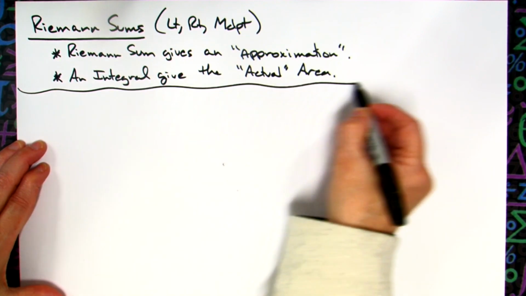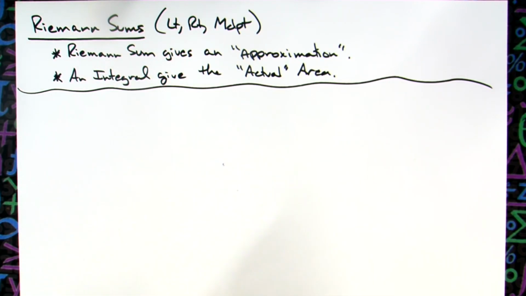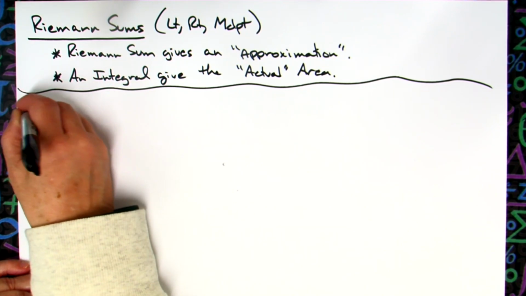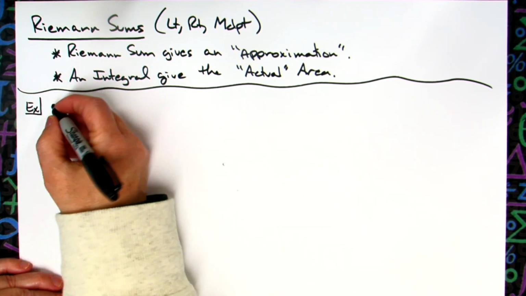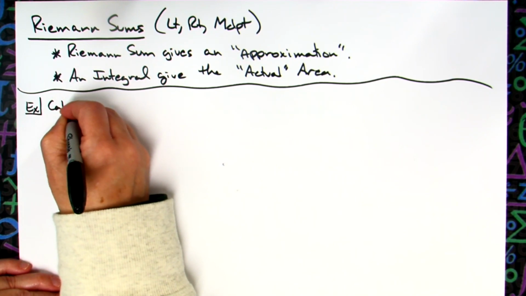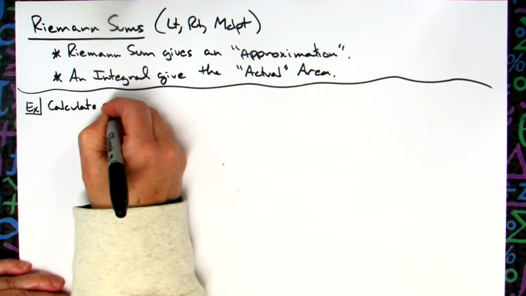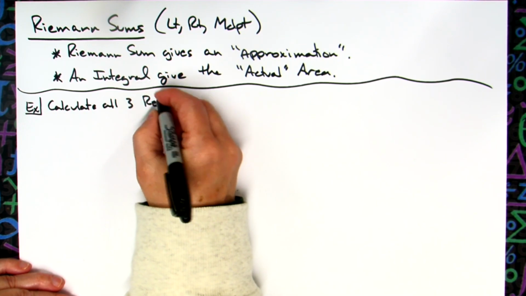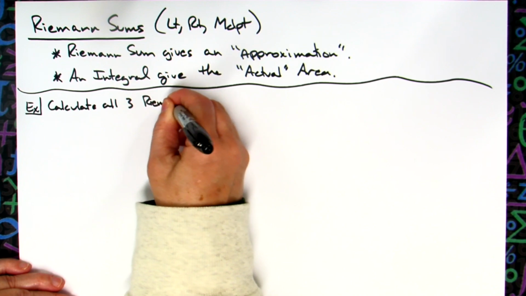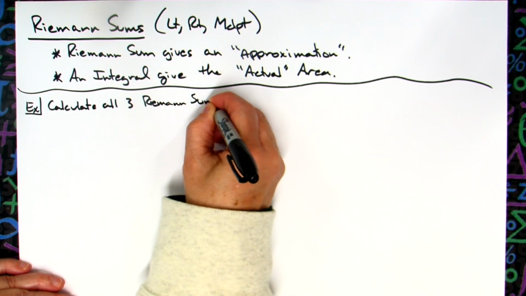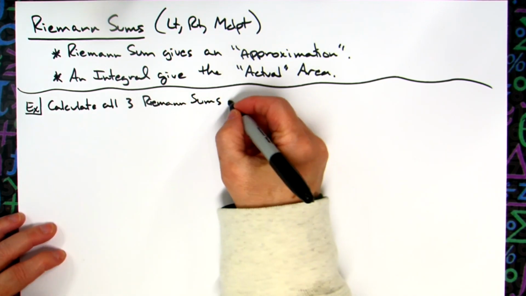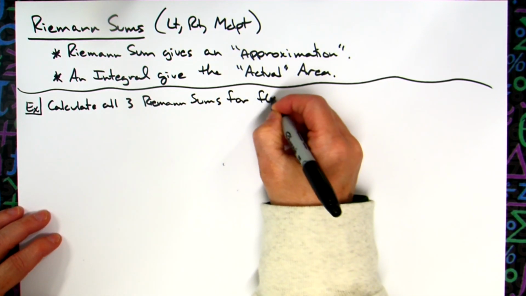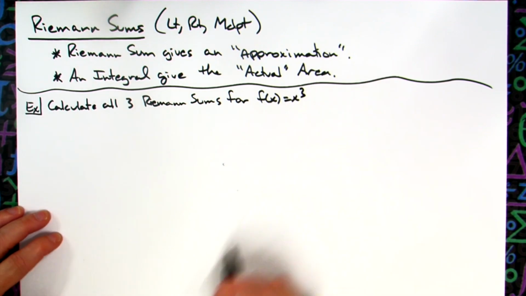Okay, now let's take a look at a question where we set up all three, just so that you see the difference. Okay, so as a question, let's say it says calculate all three Riemann sums for, and we'll make it a relatively easy curve because I just want the setup more than anything else.